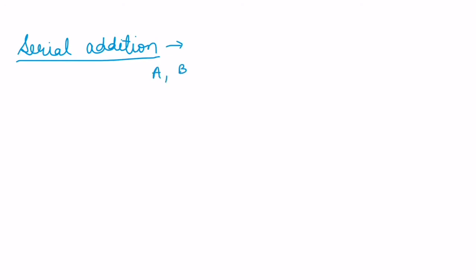So we will see how to design it. Suppose we have two binary numbers represented by A and B. To store these values we require two shift registers.